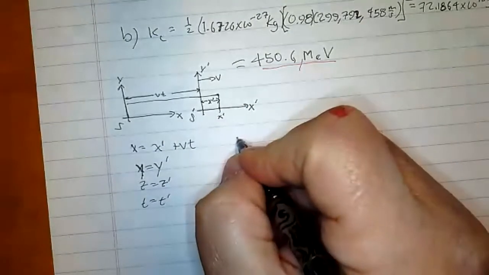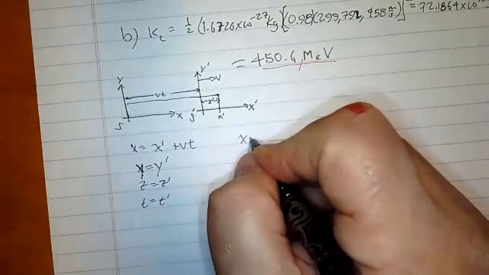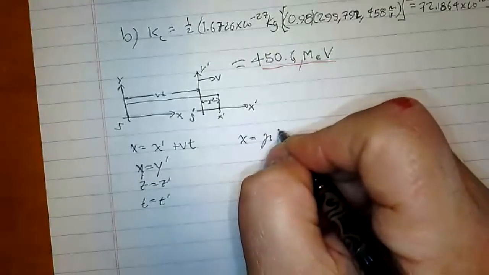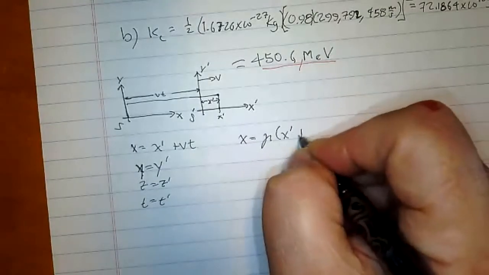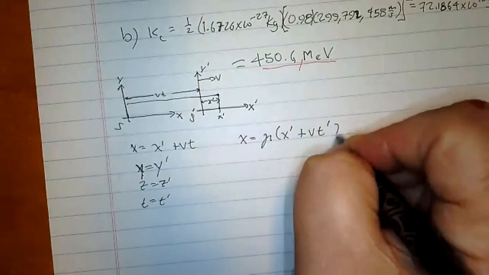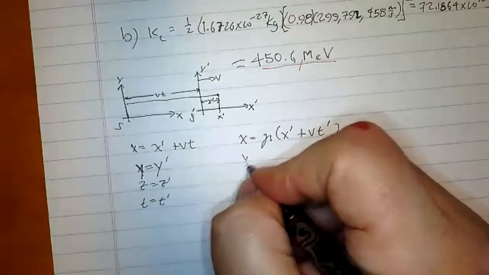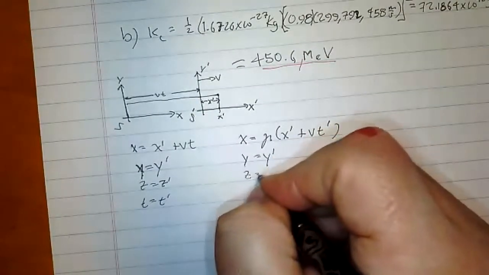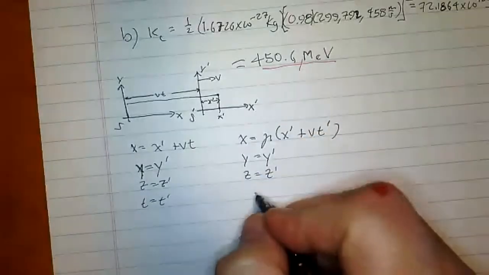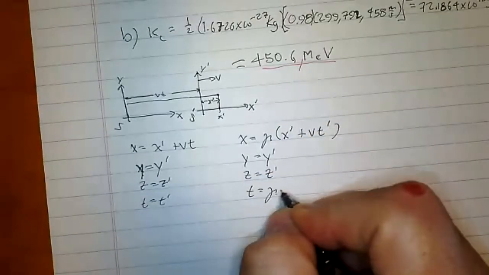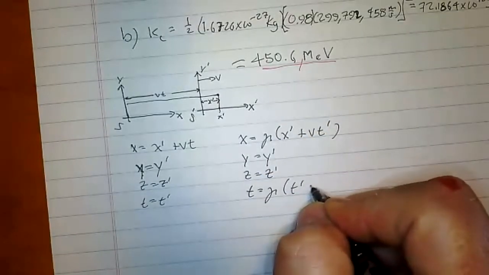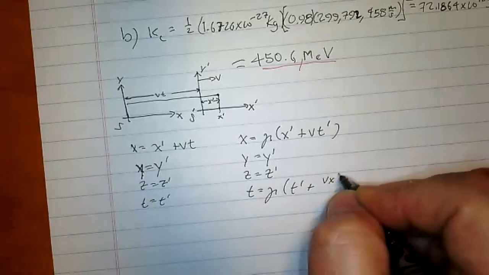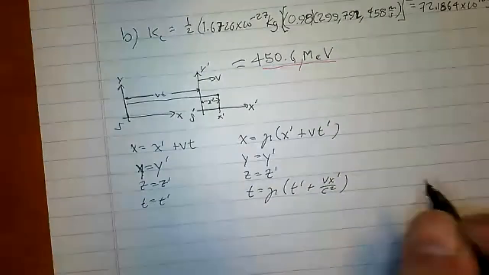When you go to the Lorentzian transformation, x is equal to gamma, a gamma pops in, times x prime plus vt, and a prime pops in. y is equal to y prime, z is equal to z prime, and then t gets complicated too. There's a gamma popping in, but there's also a plus vx prime over c squared.